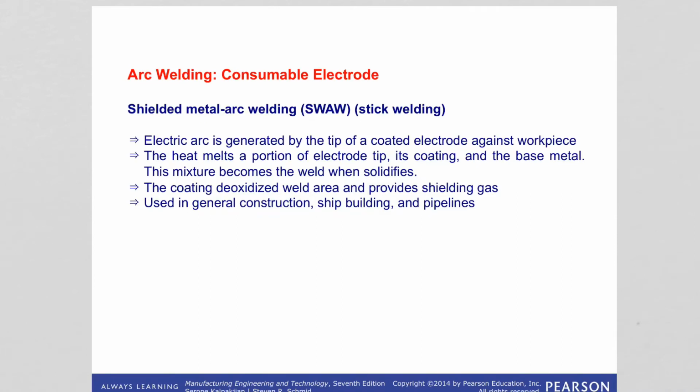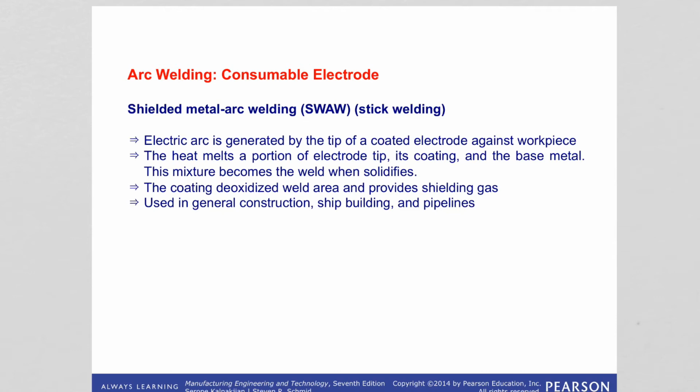Now let's take a look at consumable electrode arc welding. In this case, the electrode is consumed and becomes part of the weld. The first example is shielded metal arc welding. Again, you have an electrode, and an electric arc is generated between the electrode and the workpiece.